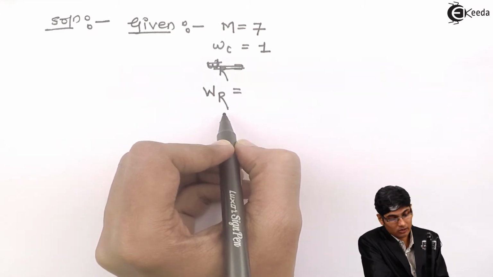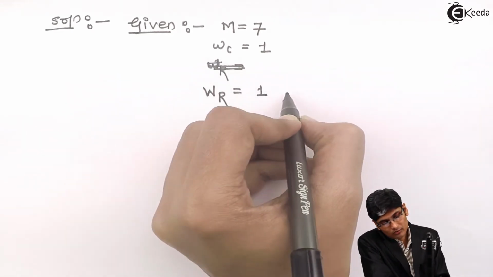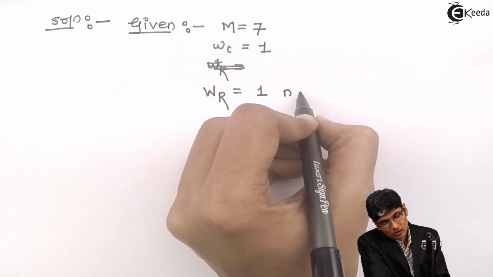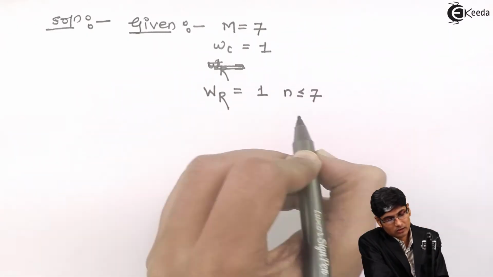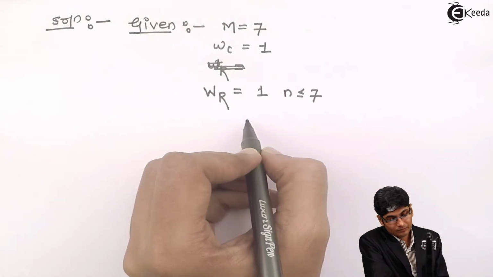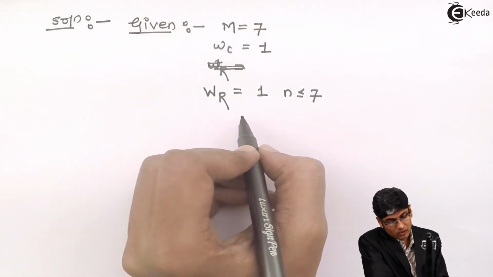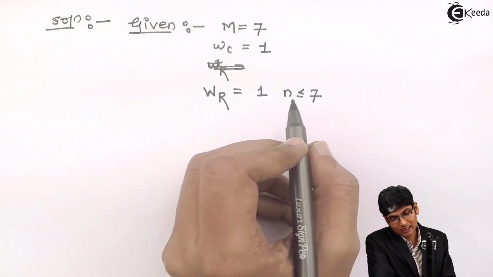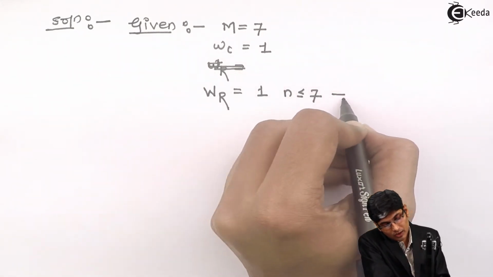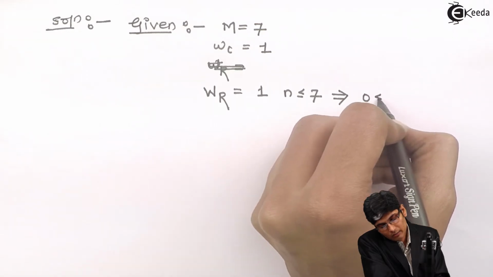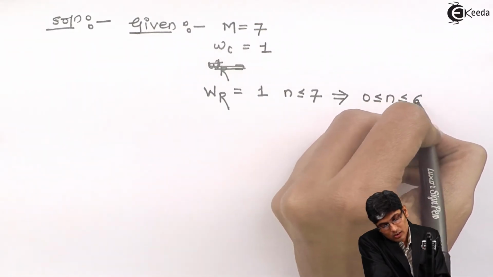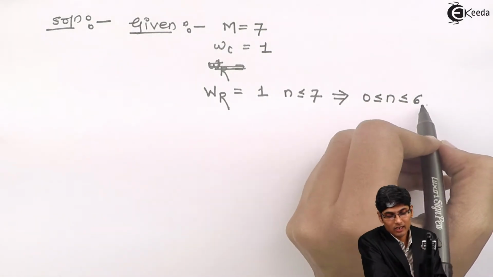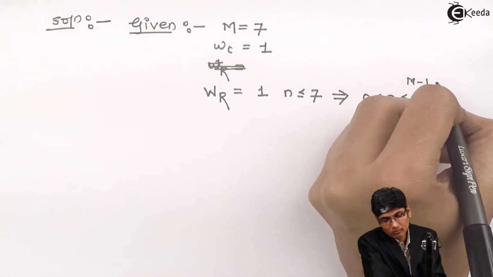R stands for rectangular window, which is equal to 1 for n between 0 and 6, because here I have (m minus 1) by 2.